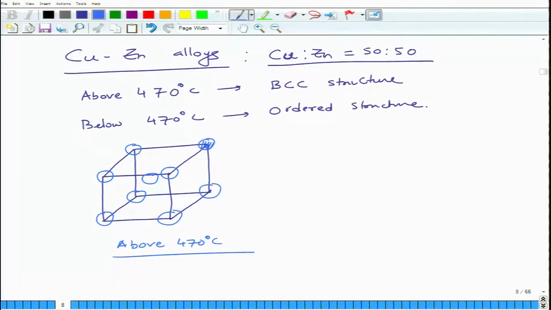So, each atom is characterized as 50% copper and 50% zinc, because there is equal probability of occupation of two sites. As a result, this is a disordered structure and it is a BCC structure, because each atom is 50% copper, 50% zinc.